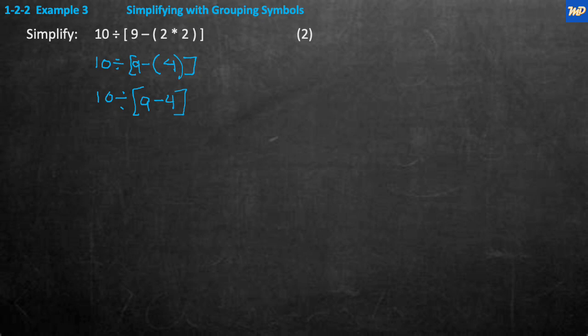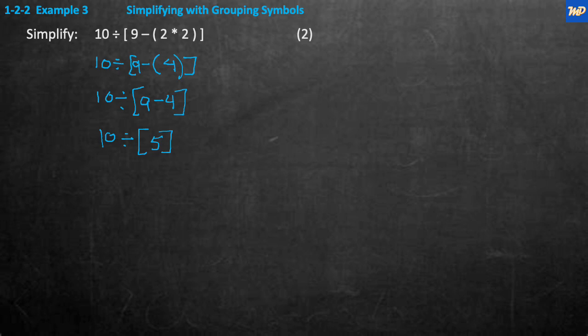Next, we still have brackets and braces and parentheses. You name it, we have to go inside them before we can go outside. So we do it again. We say 10 divided by bracket 9 minus 4 is 5 bracket. Now there's nothing left inside the brackets other than a constant, a single term that we can't do anything more with.